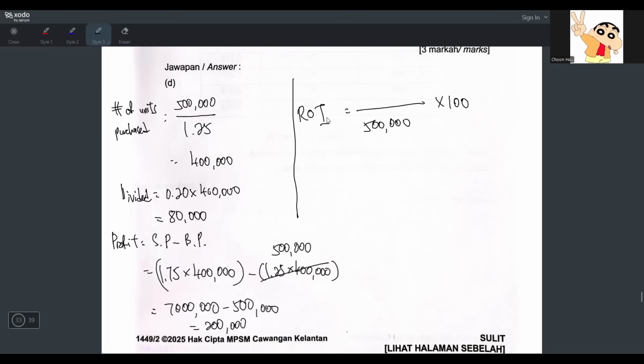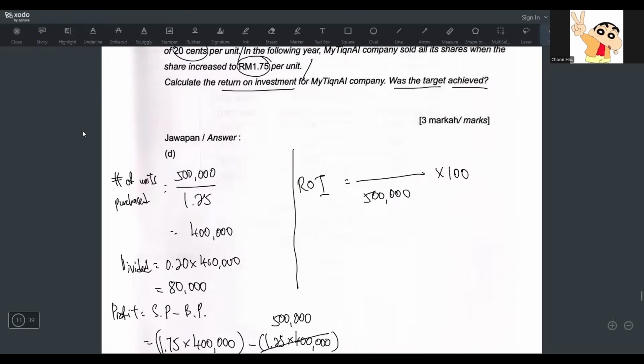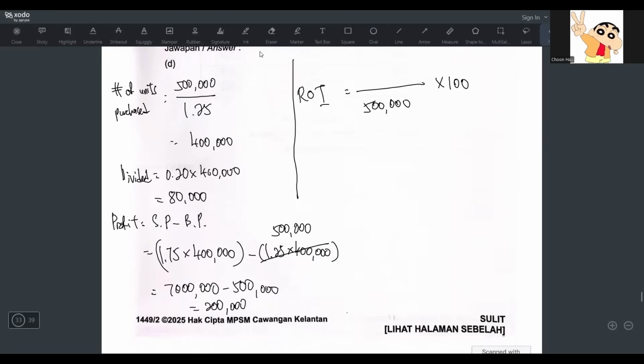Now with all this calculation, we can find out our total return. This one we don't use; it's just the number of units. So the dividend is 80,000, and also the profit from selling the shares, which is 200,000.